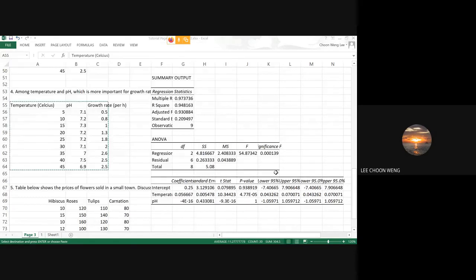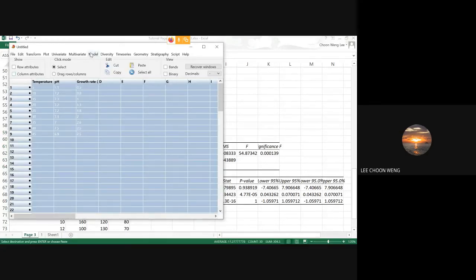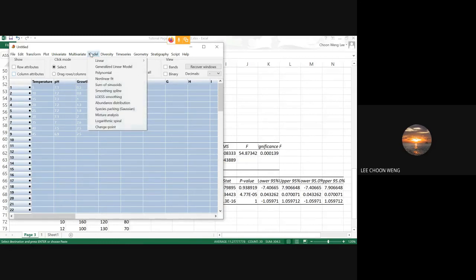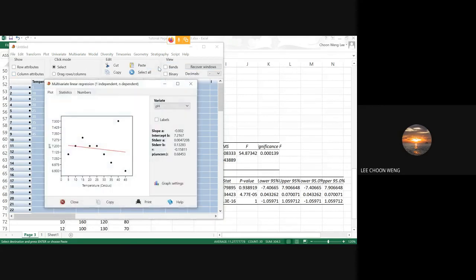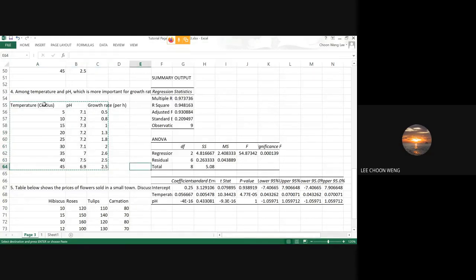And this is against pH, and growth rate.